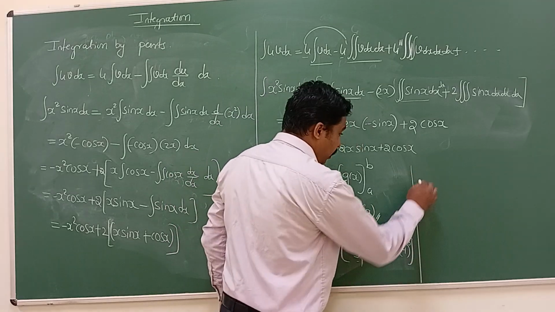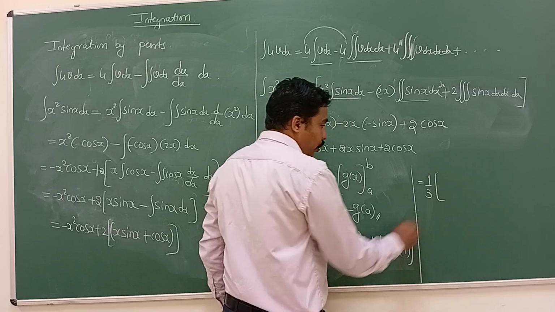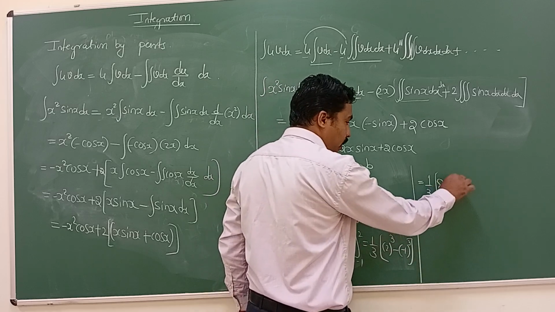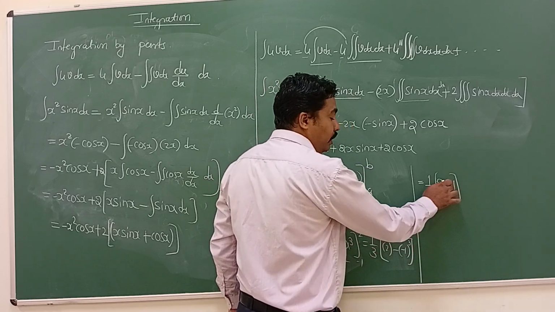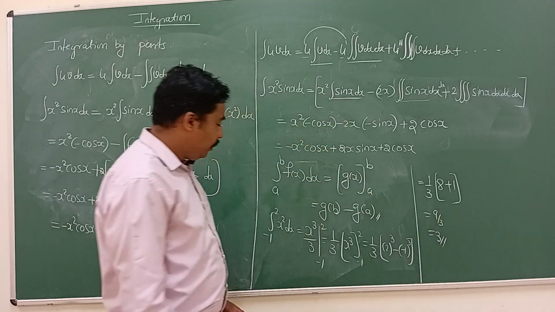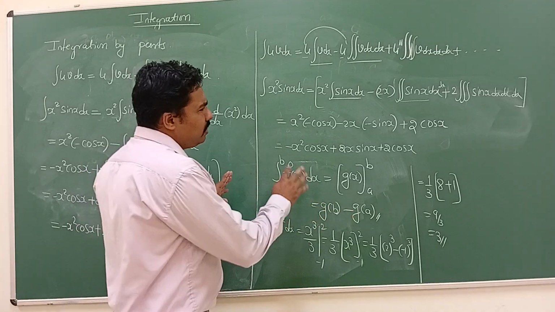So what happens? Its answer is equal to 1 by 3 times 2 cube, that is 8, minus minus 1 whole cube means minus 1. Minus and this minus is plus. So it is 9. 9 by 3 is 3. So the value of this definite integral is 3. So these are all just basic things.